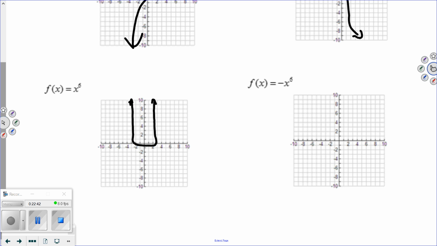Yeah, that's probably a little extreme. That's a bit extreme. And Victor, pick somebody for negative x to the sixth. It flattens, but you know, negative x to the sixth.